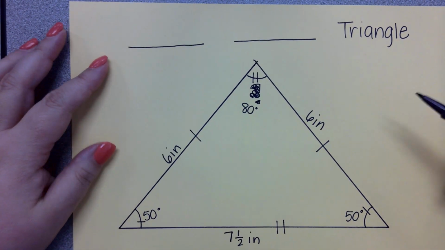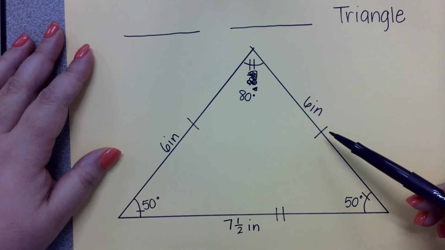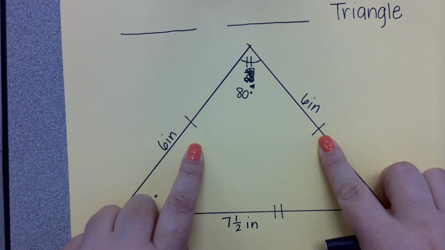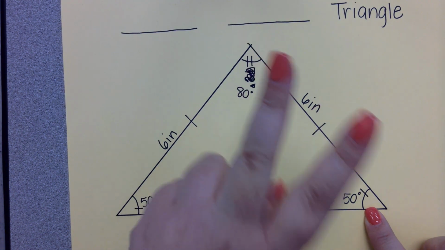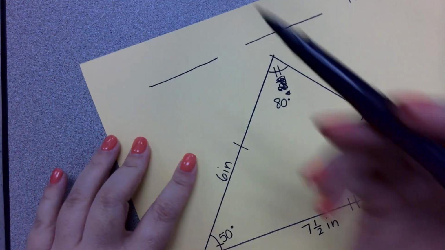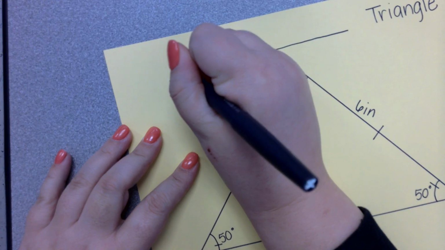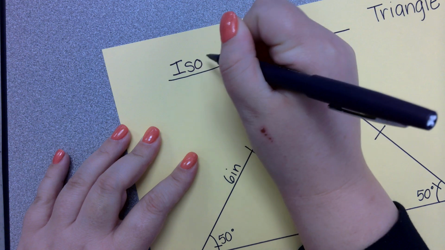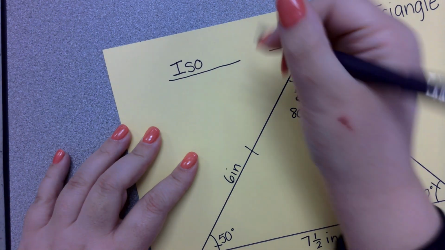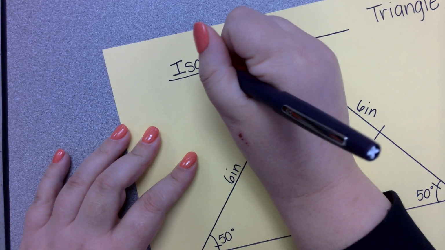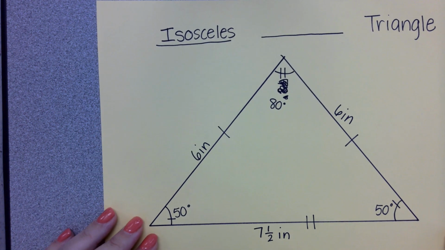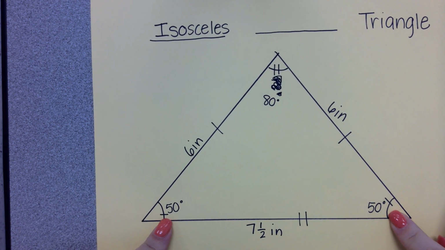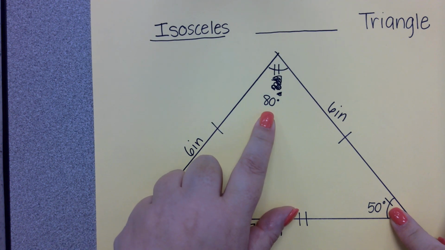So this triangle, if I were to name this triangle, I would see that there were 2 sides and 2 angles equal. So this is an isosceles triangle. And then I'm going to look at their angle measurements, and I see that there's 50, 50, and 80.